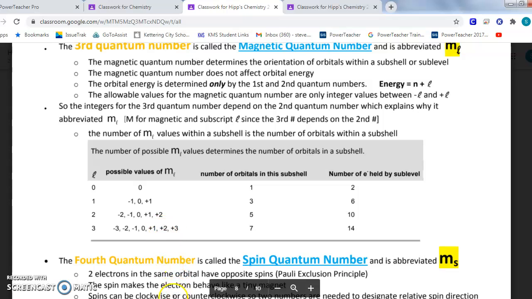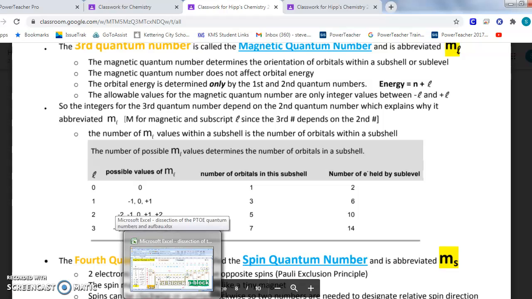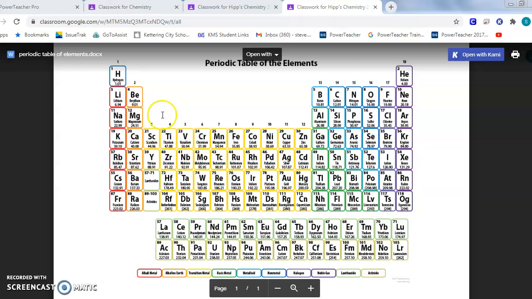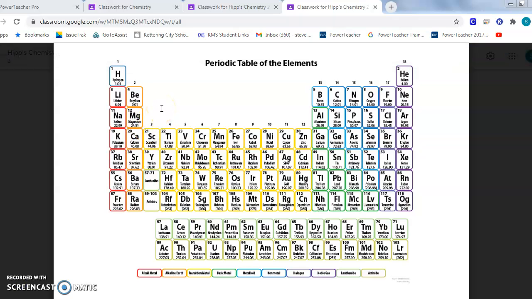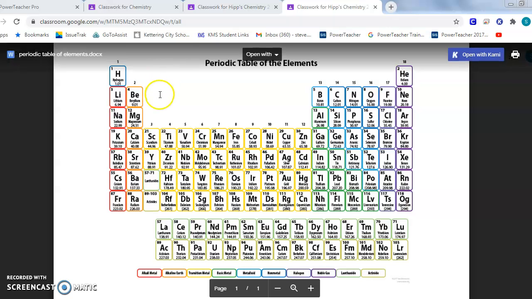What does that have to do with the periodic table of elements? Keep these numbers in your head again. 2, 6, 10, and 14. Looking back on our periodic table, our numbers again were 2, 6, 10, and 14. Count with me for a second. 1, 2. Look at this part of the table here.